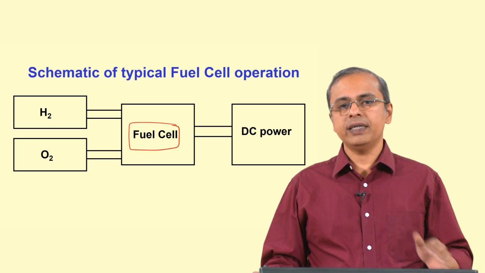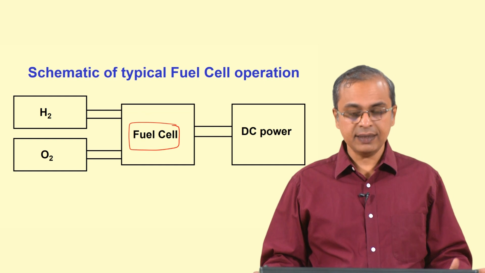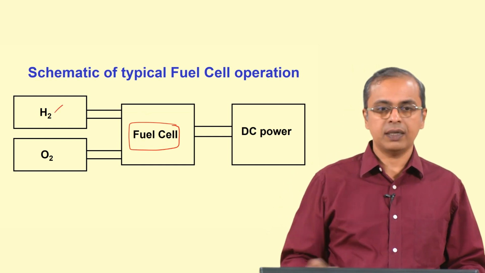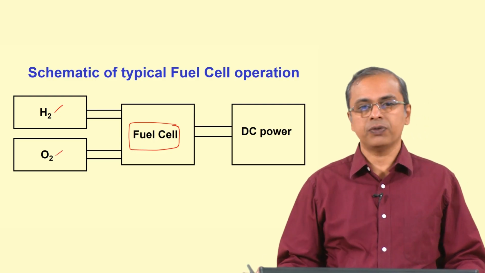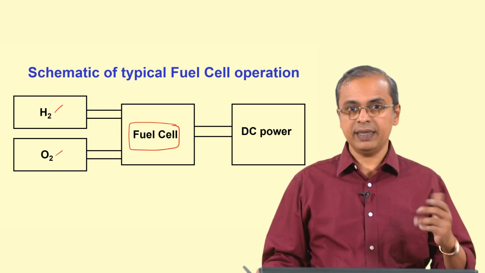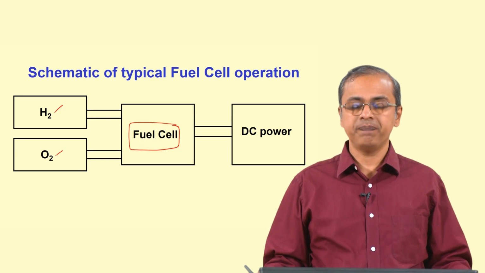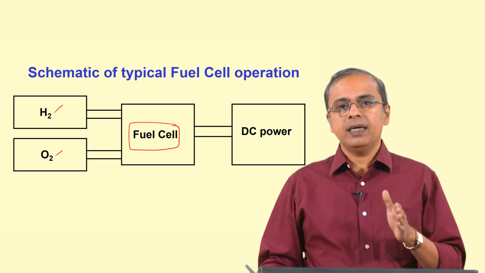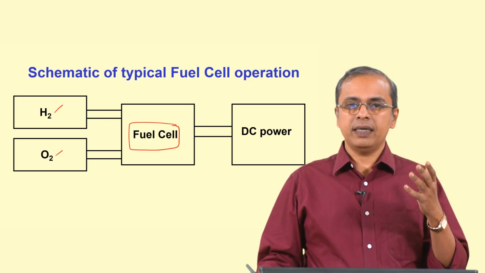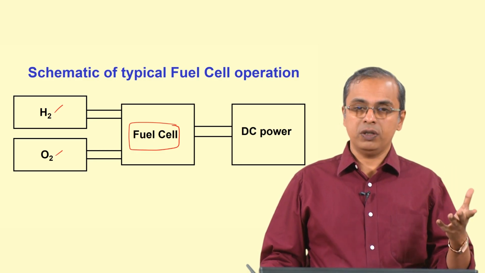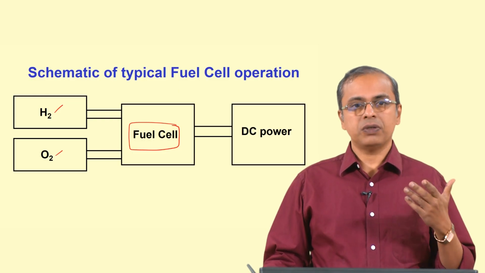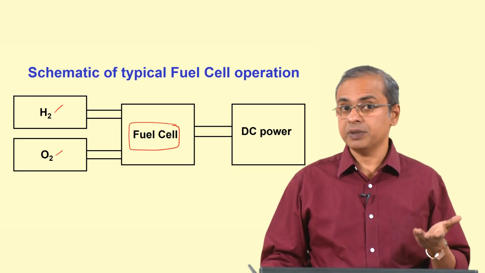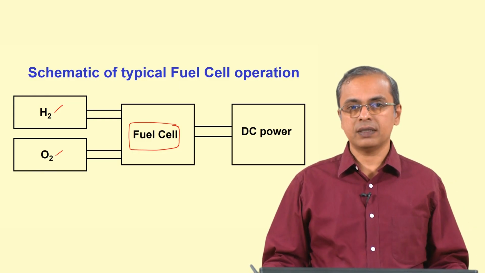But important ingredients going into it are the two reactants. You will have hydrogen being supplied to the fuel cell, and oxygen being supplied to the fuel cell. In a lab setting, this is typically done with the help of a cylinder of hydrogen or a cylinder of oxygen, which you can get commercially from suppliers of gases for research activities.